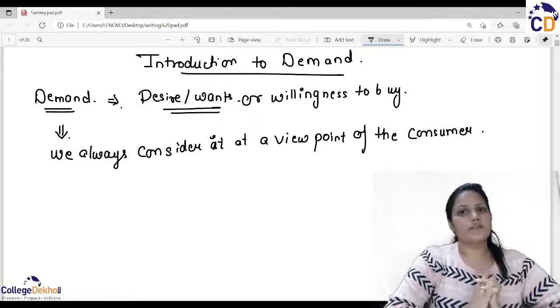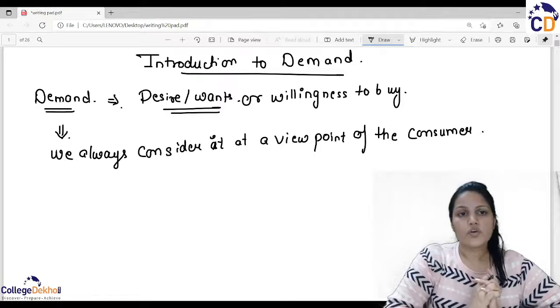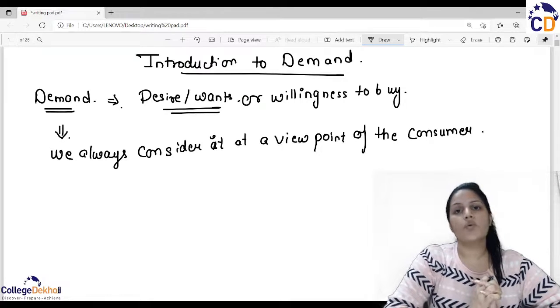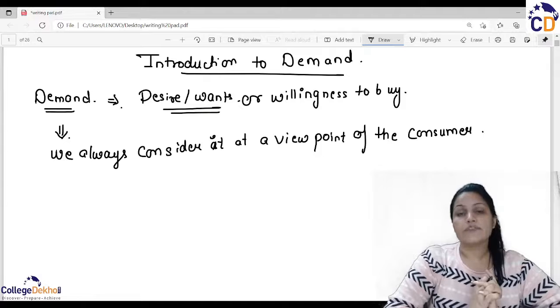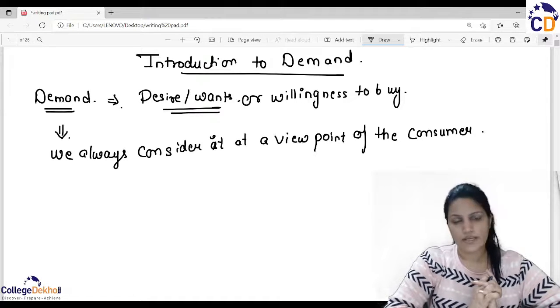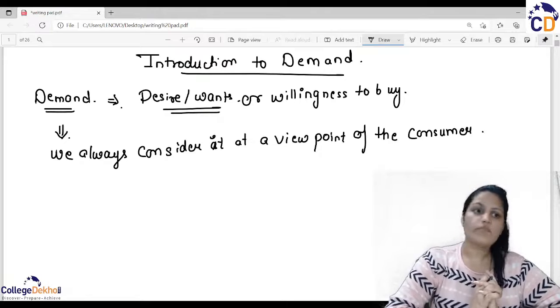What does the consumer think? Because the person who is going to buy something is the customer or consumer. As that person needs that item, that is the only reason they are going to purchase it. And they show their willingness that yes, they are interested in purchasing that particular item.